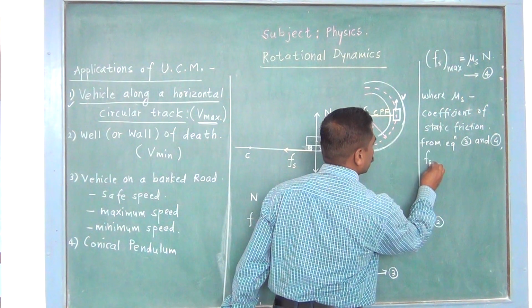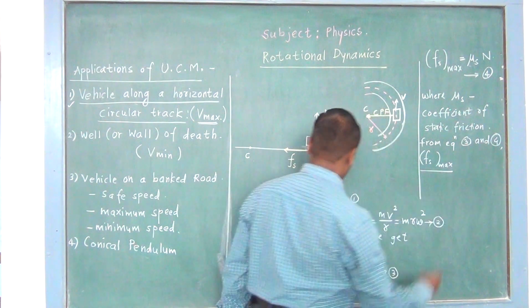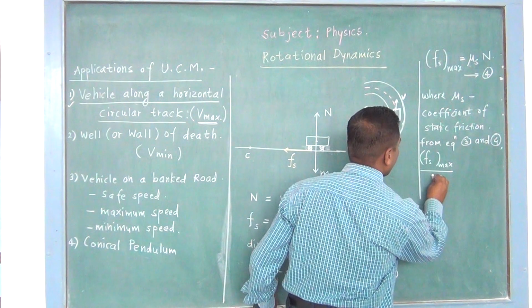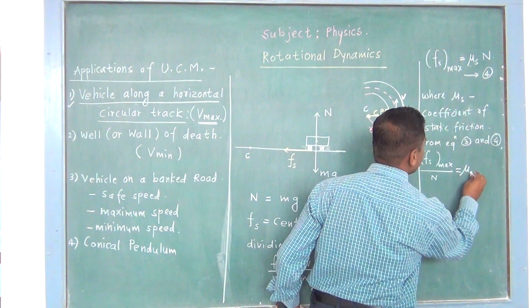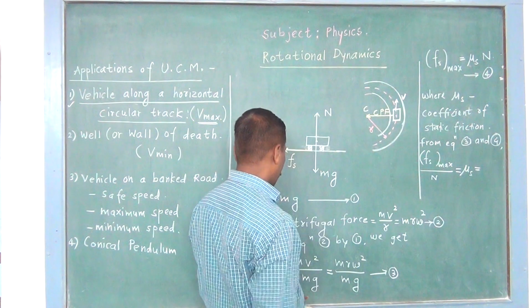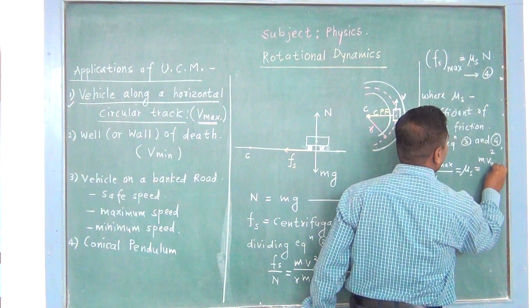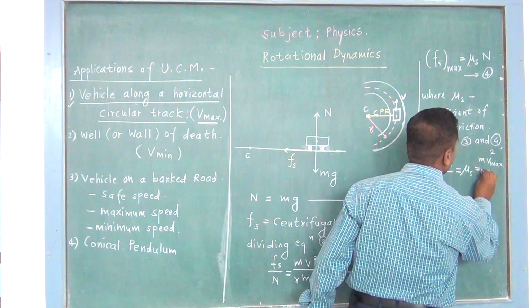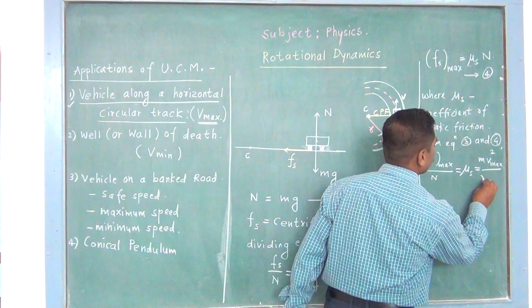Fs max divided by N, which is equal to mu s, which is equal to m v square max divided by r into mg.